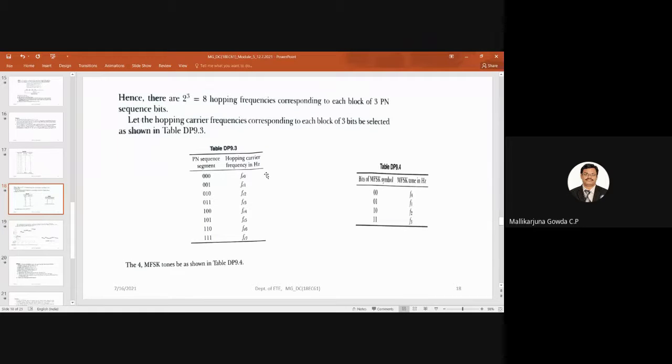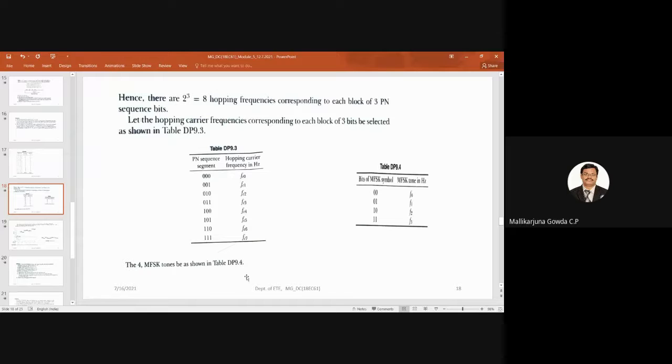Frankly speaking, nobody is asking, but for the PN sequence we don't take the initial state as 0, 0, 0. If all 3 bits are 0, then it will stay at 0 only. But here with the 3 bits, we have started writing from 3 zeros to 3 ones and named them FC0 to FC7.